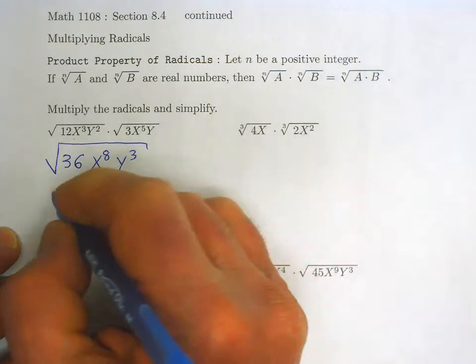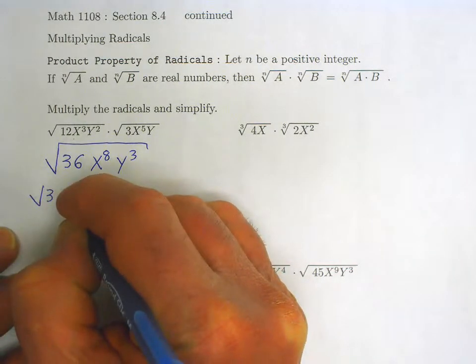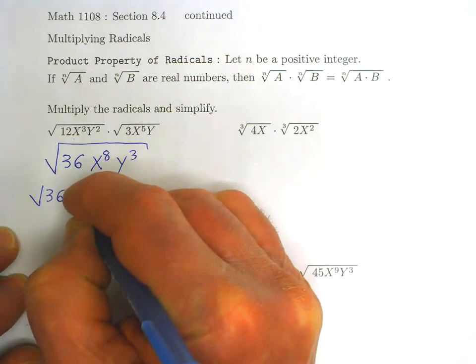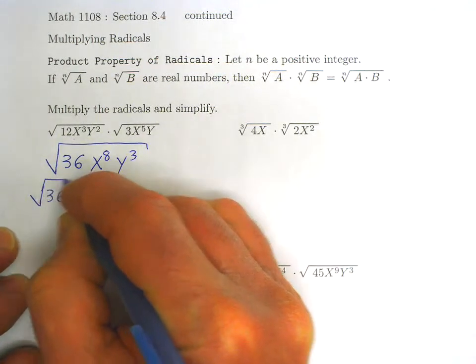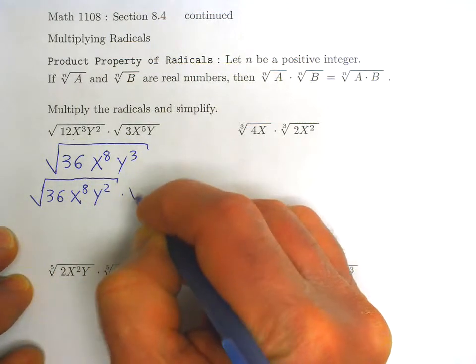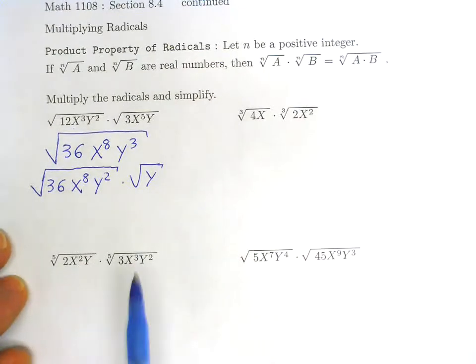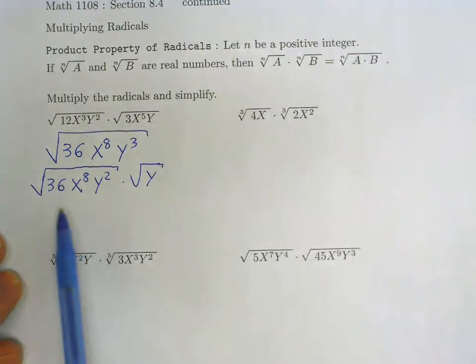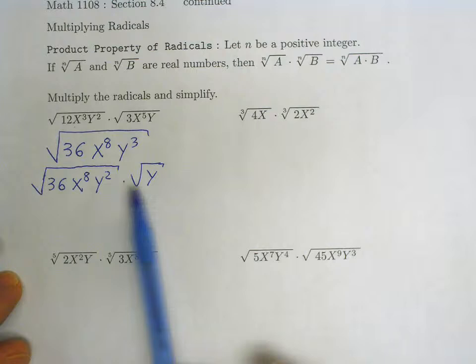So we'll rewrite this with the perfect square factors farther to the left, the square root of 36 x to the eighth y to the second, multiplied by the square root of the remaining factor y. You can always verify that you're doing this correctly just by multiplying the radicands.